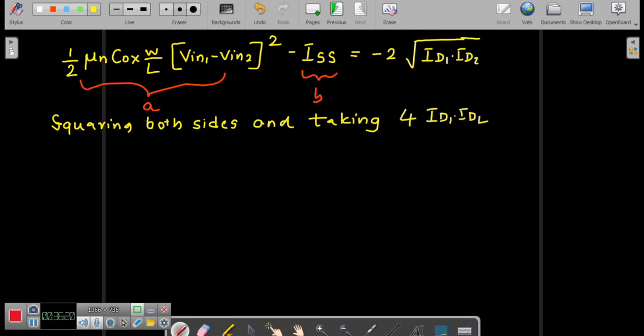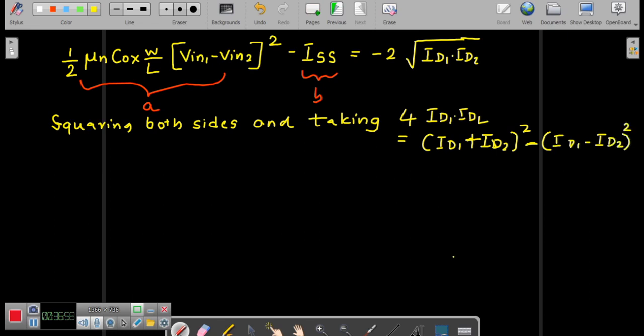So this will become equal to (ID1 plus ID2) whole square minus, see the mathematical manipulation here, minus (ID1 minus ID2) whole square.